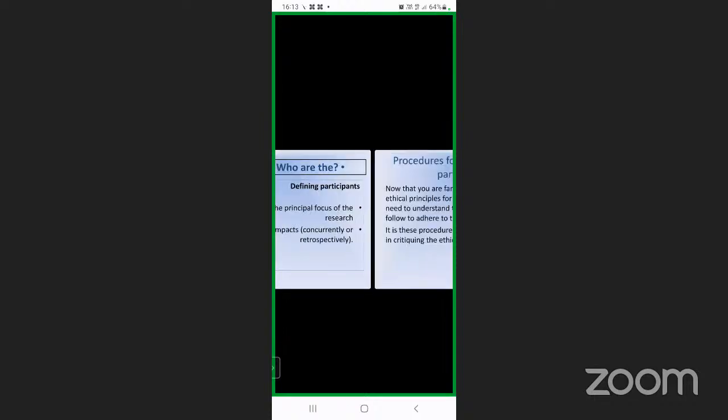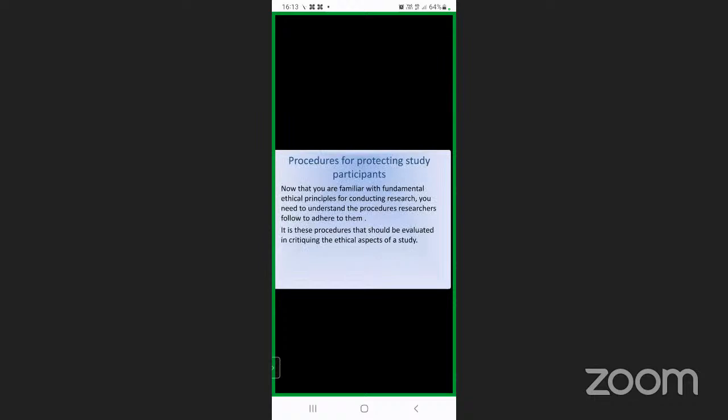So, procedures for protecting study participants. What is the procedure? These procedures should evaluate and critique the ethical aspects of the study.